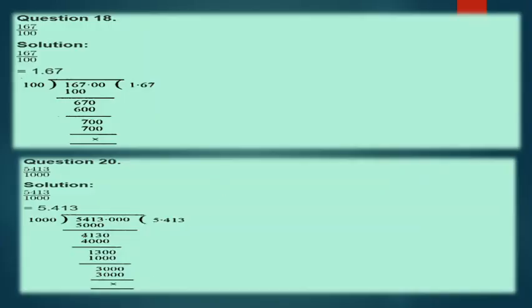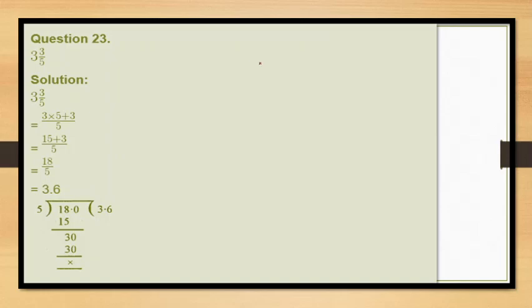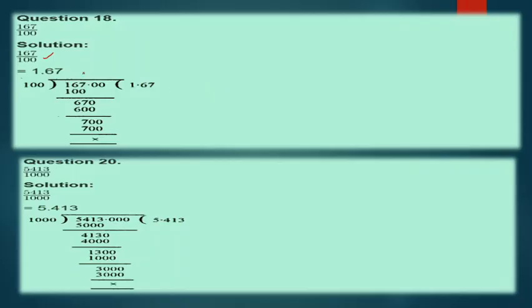Now question number 18. In this question, 167 upon 100. The question is asking to convert the given fraction into decimal. So it is just opposite to the previous questions. In the previous questions, a decimal is given and we have to convert into fraction form.